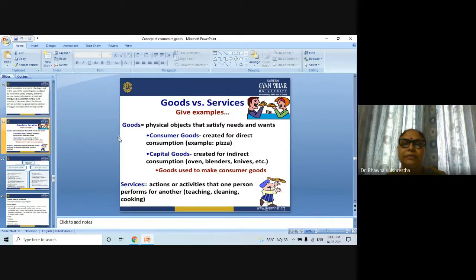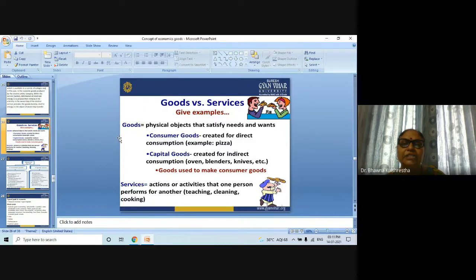Consumer goods are created for direct consumption, for example pizza, and capital goods are created for indirect consumption, such as ovens, blenders, canvas, etc. Goods used to make consumer goods.